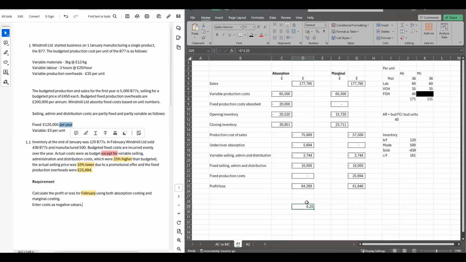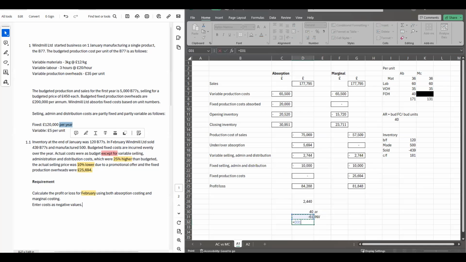But essentially, the difference in our profit will be the movement in the inventory in terms of the number of units multiplied by the absorption rate. So this is the difference between our profit, and then we can just check that back in terms of my absorption rate was 40, and my change in inventory levels was, well, it started at 120 and it went to 181.